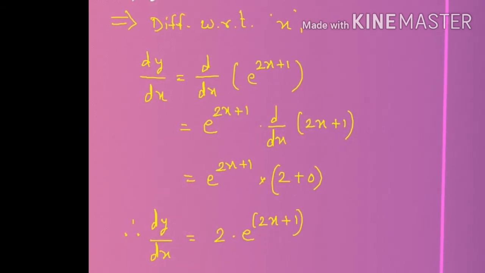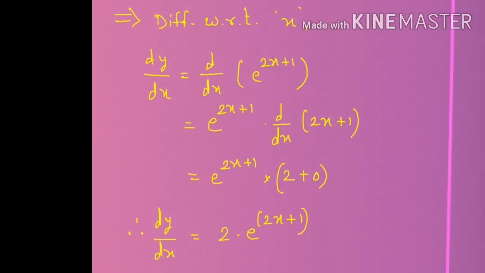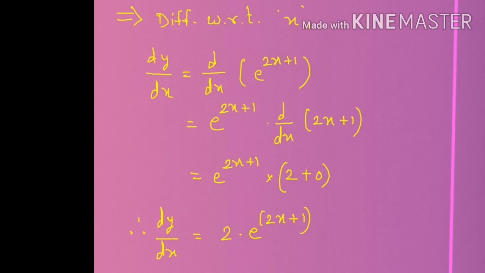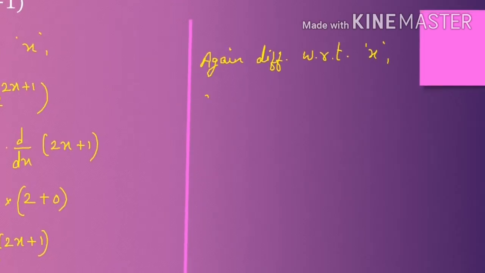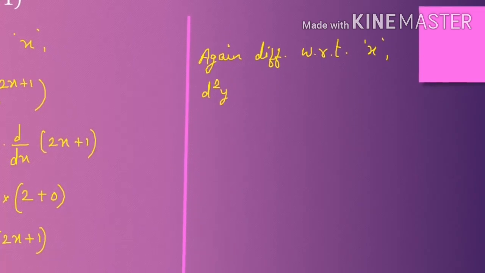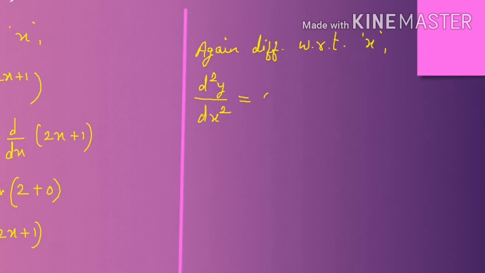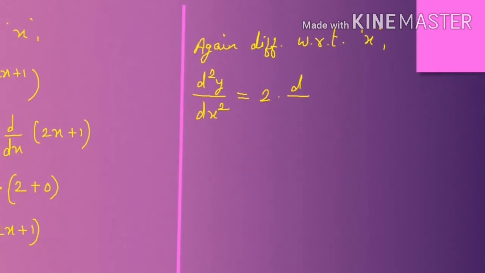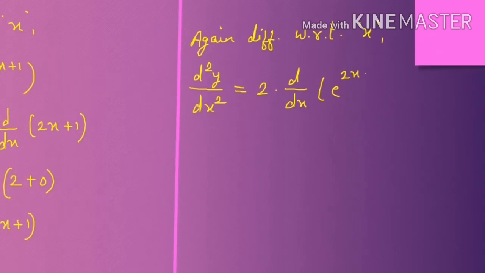Correct? We have to find d square y upon dx square. That means again we have to differentiate this. So let us write again, differentiating with respect to x. We get d square y upon dx square, that is 2 into d dx of e raised to 2x plus 1.